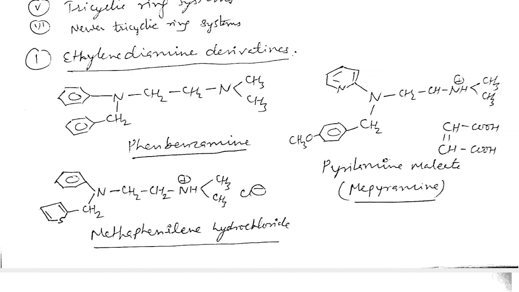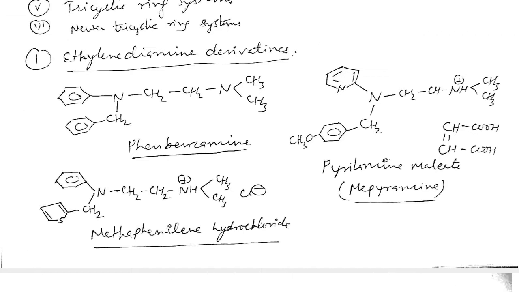Another example of an ethylene diamine derivative is methaphenilene hydrochloride, HCl. Look here: the ethylene bridge is there with two amino groups, again an ethylene diamine group.